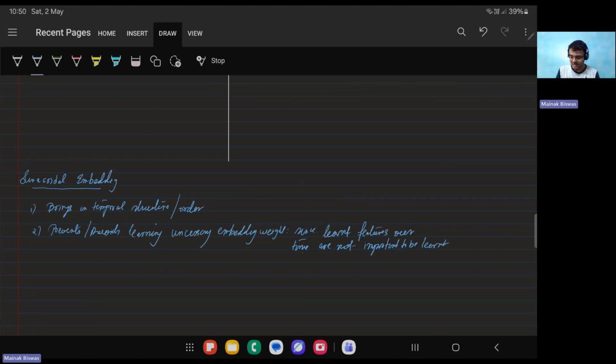So instead, you could hand engineer the features; you don't need the model to learn it. And how you would hand engineer the features is what I'll show you now.